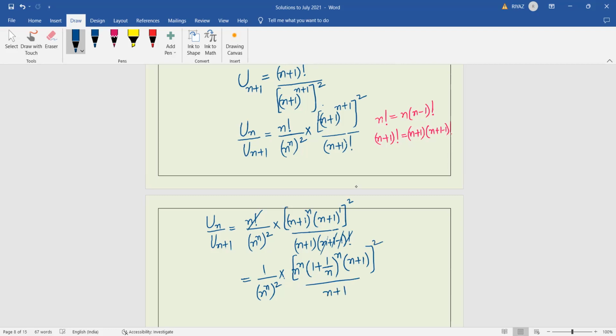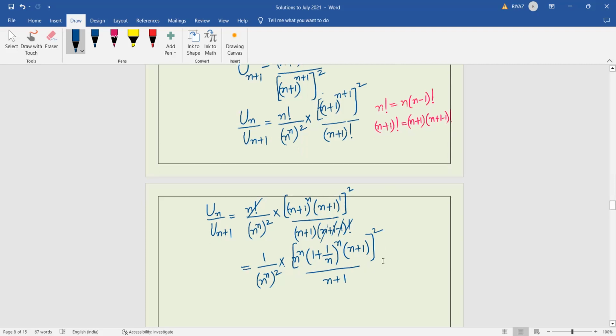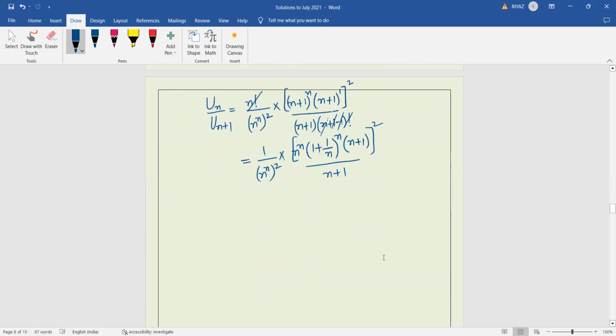Now we apply square for each and every term. We apply square for each and every term. So it becomes 1 by n to the power of n, its whole square, into, we apply square for each and every term, means n to the power of n has to be squared, into 1 plus 1 by n whole power n also has to be squared.